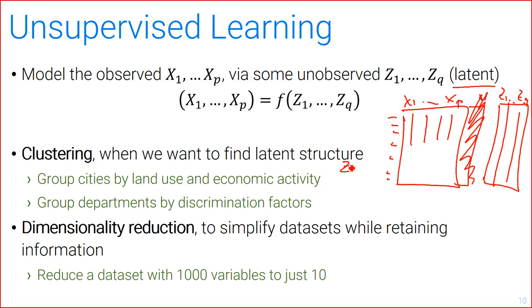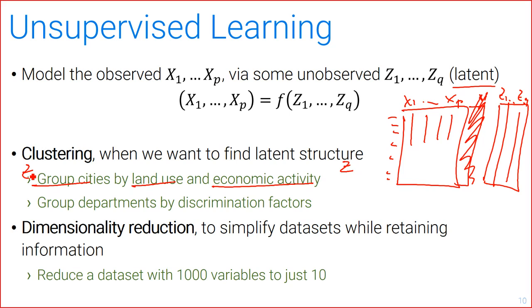So for example, let's say that we have data about how the different cities in the Netherlands use the land surface and their economic activity. And we might be interested in coming up with groups of cities that behave similarly in terms of how they use the land and their activities. So the group here would be the clusters, the group of cities.